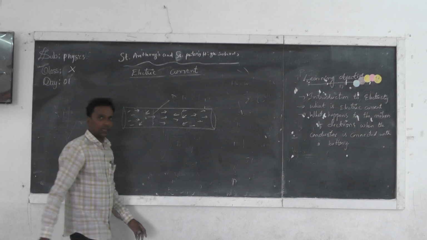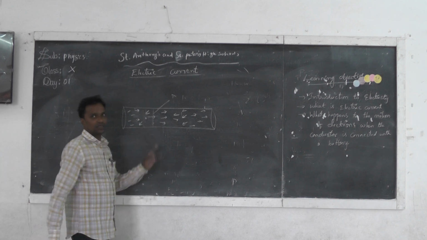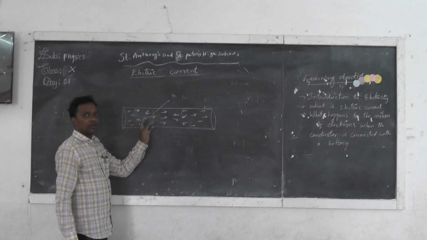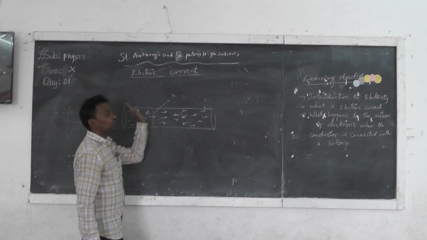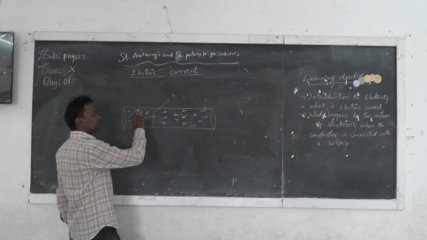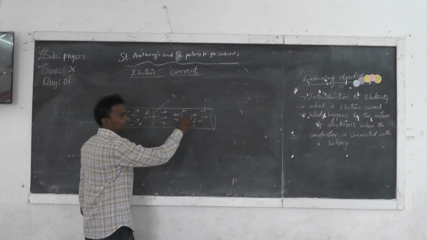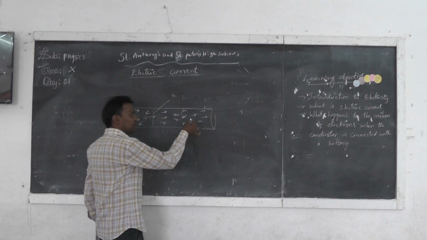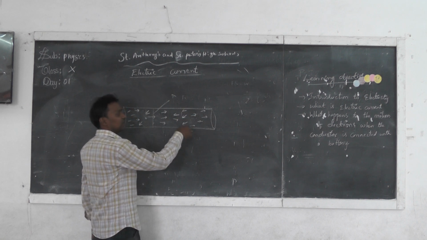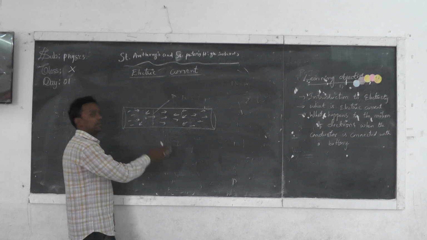What happens here? The number of charge carriers passing through this section from my left to my right in a particular time is equal to the number of charges traveling from right to left in the same time.